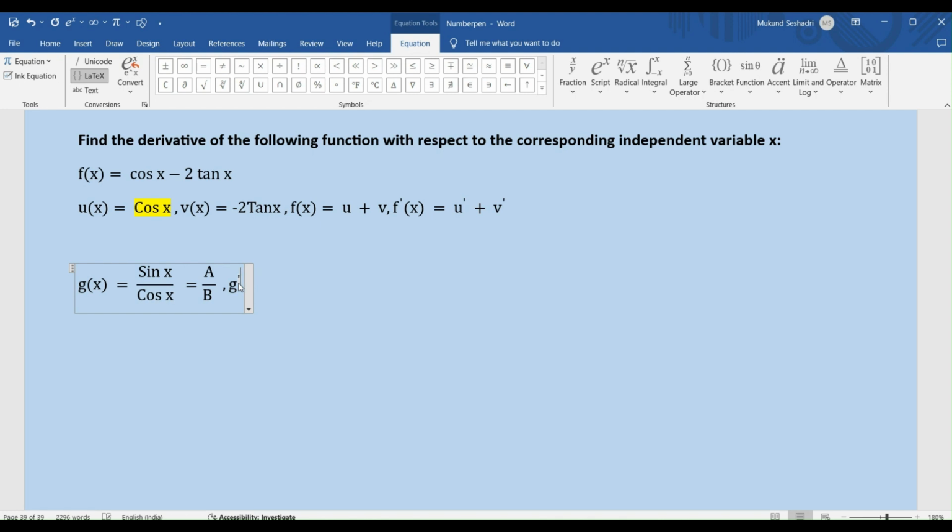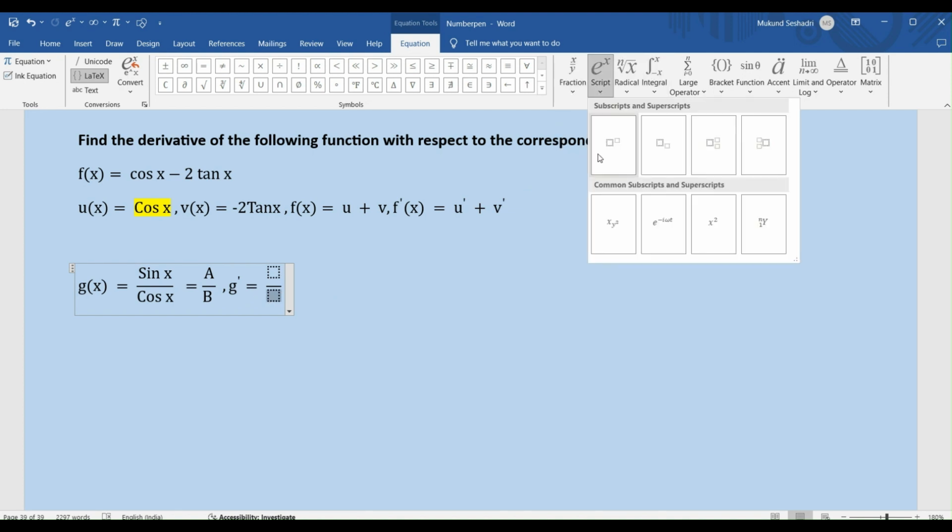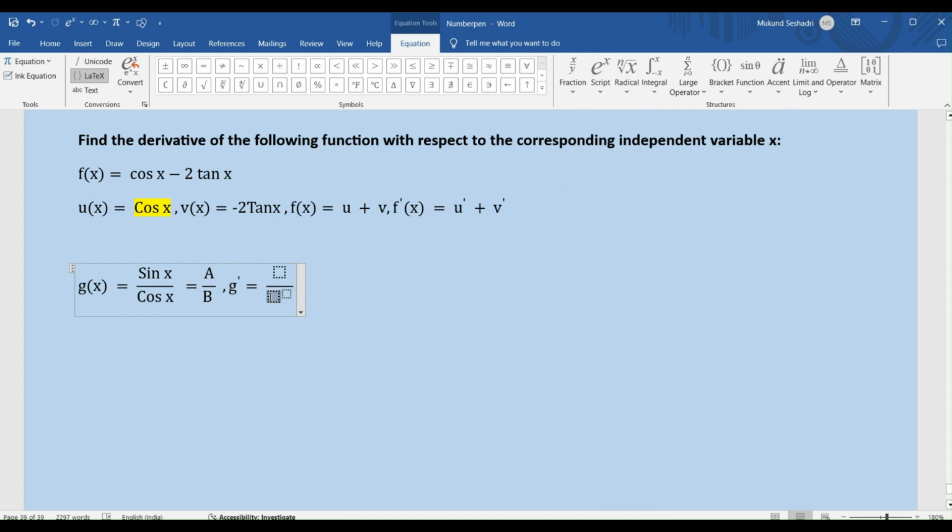Again, I request you to take a look at the quotient rule of differentiation. It becomes very important to remember this, unfortunately, by heart, right? Otherwise, it's going to take you a lot of time to solve problems of this type unless you remember these formulas by heart, right?